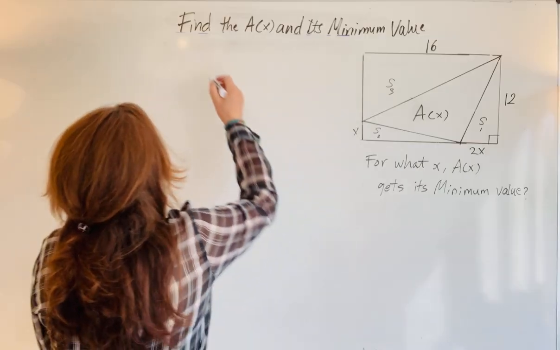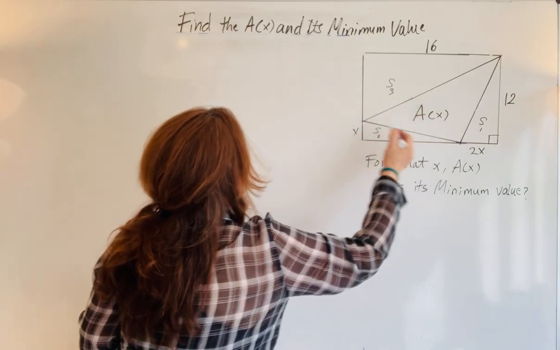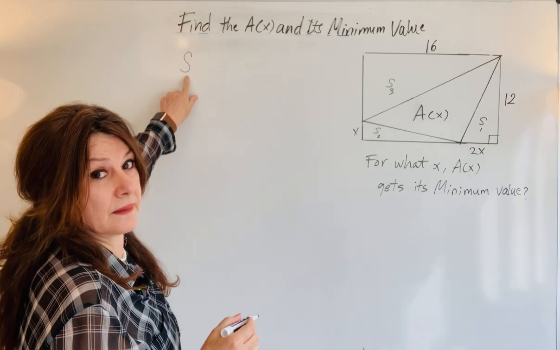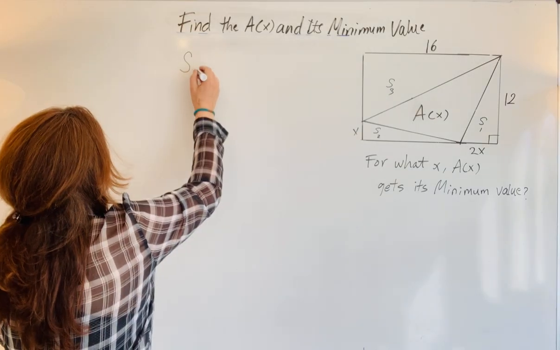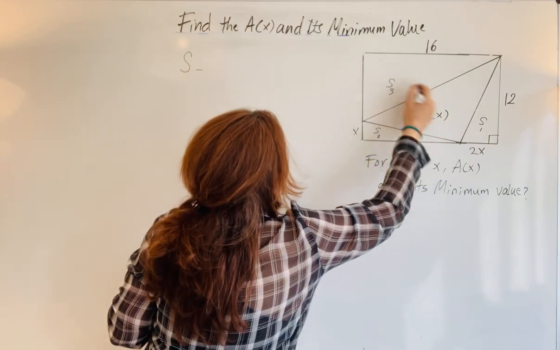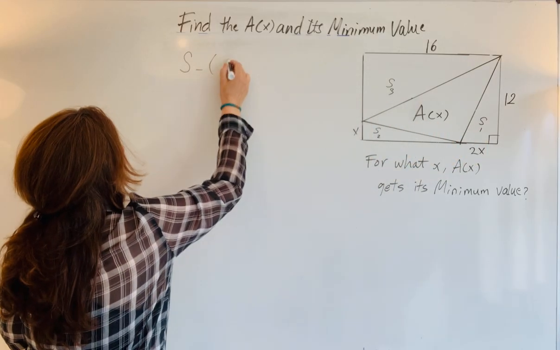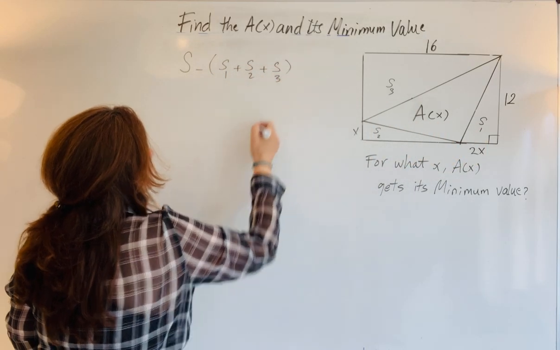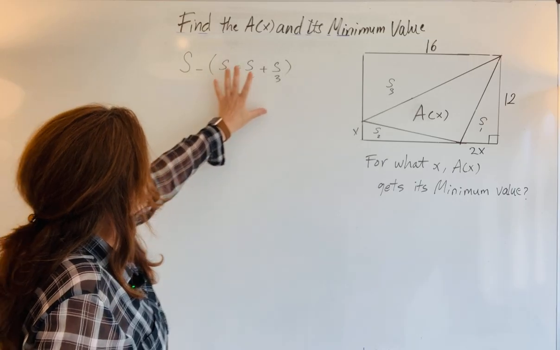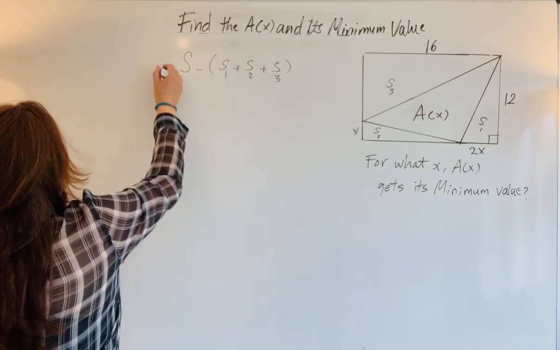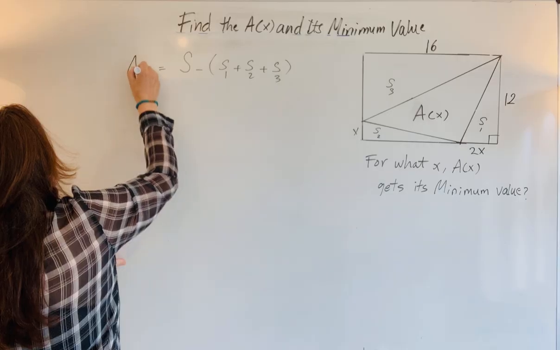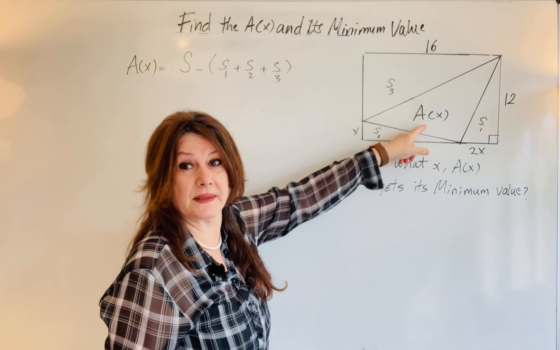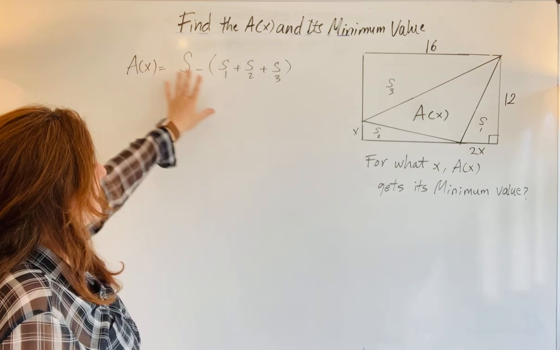So we can say that this is the area: the big area minus the sum of S1 plus S2 plus S3. When S minus the sum of these gets what? Gets A of x, or the area of this missing triangle, okay? But everything is based on x.